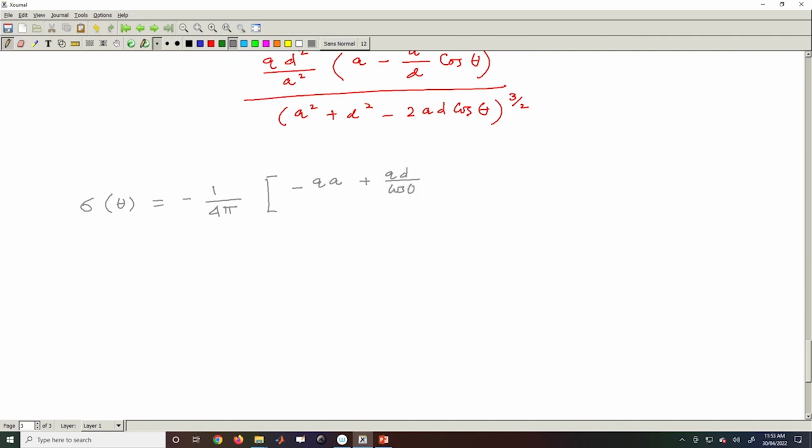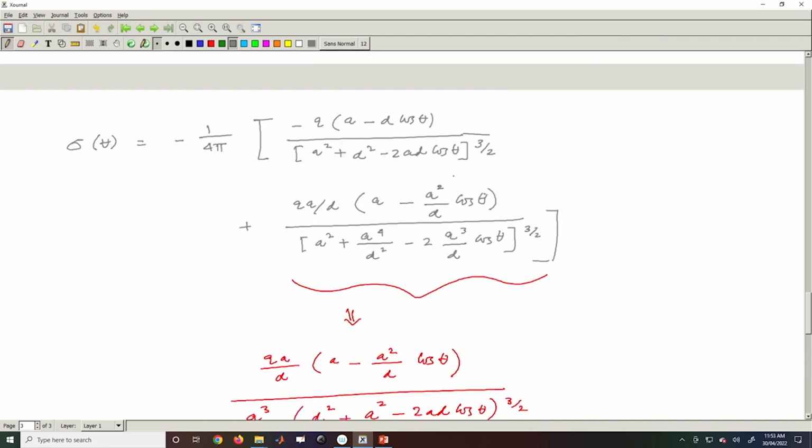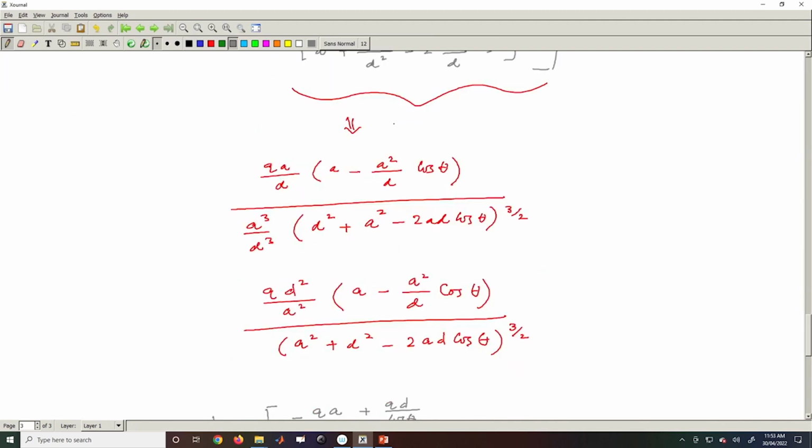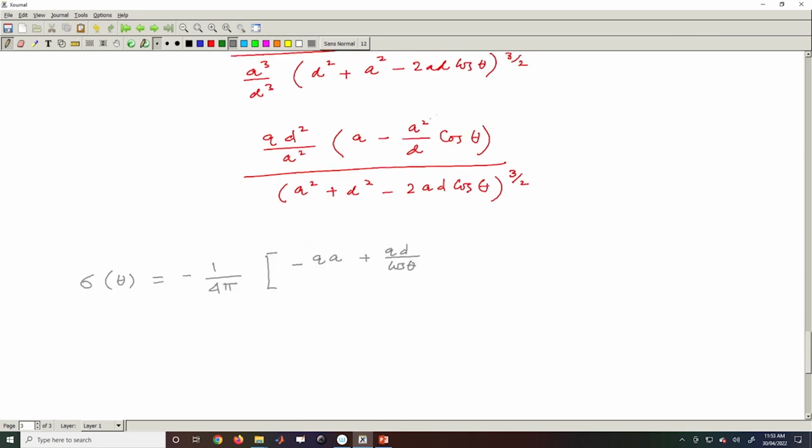I just simplify the first one, this one, q a minus q a, and then it is just q d cos theta, I just multiply, right. Okay.